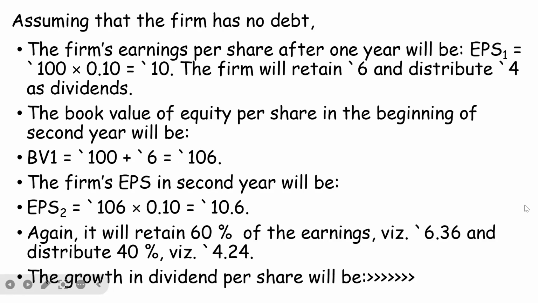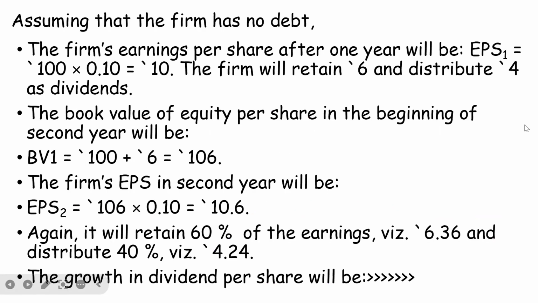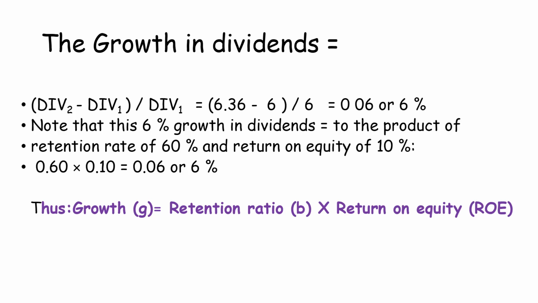So the growth in dividend per share will go on like this. Let us see how it grows. What is the growth rate? It is the dividend in the second year minus the dividend in the first year, divided by the dividend in the first year. The retention has grown from 6 to 6.36, so the growth rate is 6%.